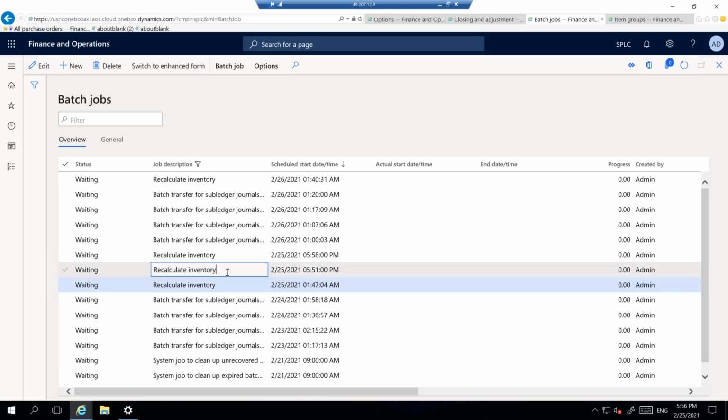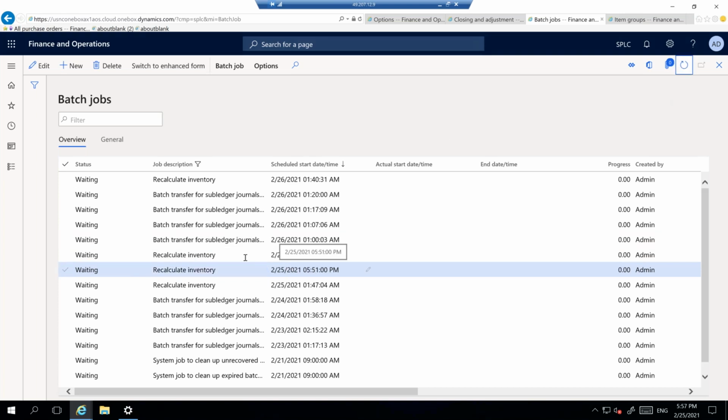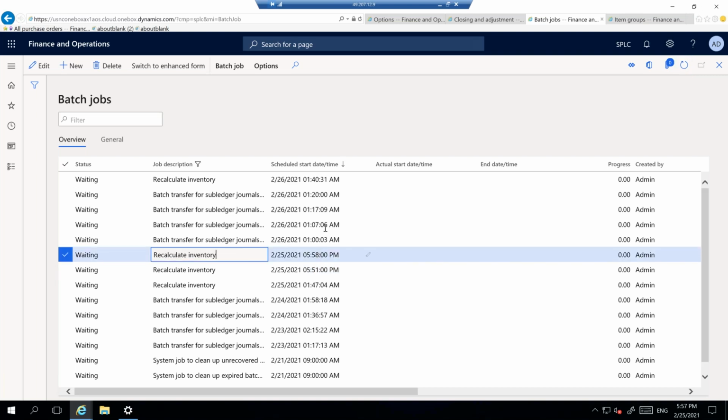So it is showing here. Earlier I mapped 551. Now it is 558 scheduled start date. We'll wait for another 2 minutes. This is 57. Now I have mapped 558.